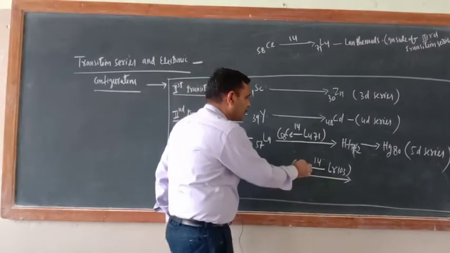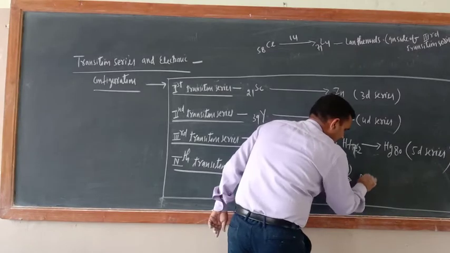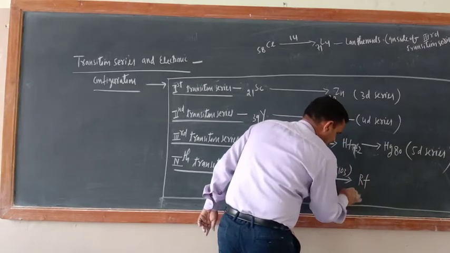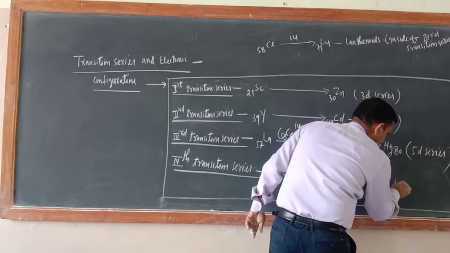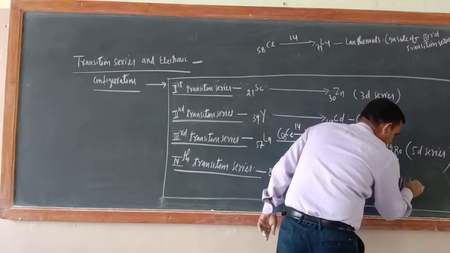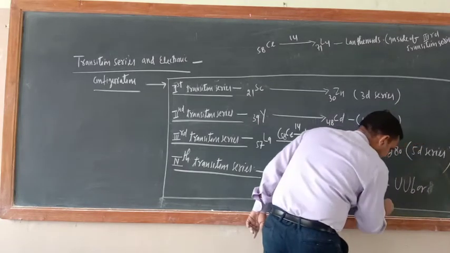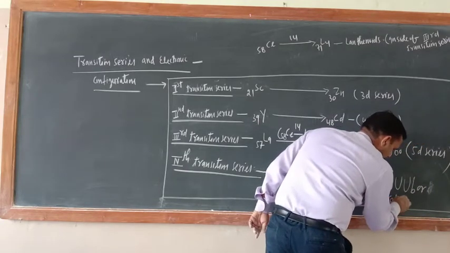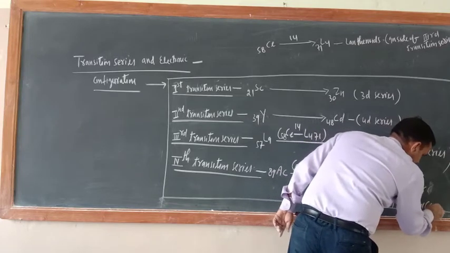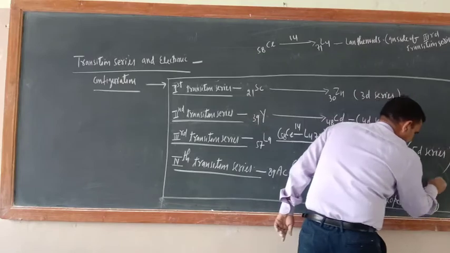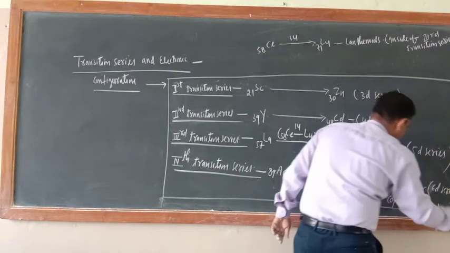Again it will start from rutherfordium 104 and goes up to copernicium, symbol Cn. This is known as the 6D series. What is this one? 6D series.